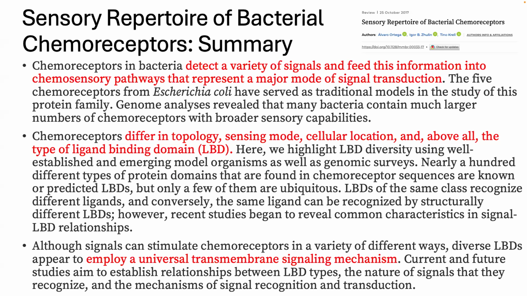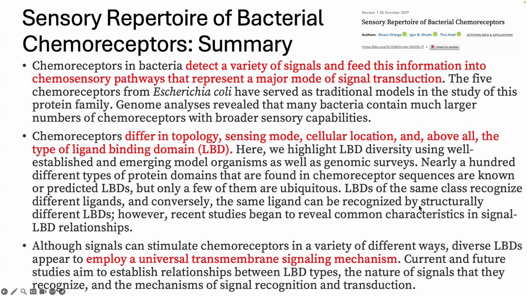Chemoreceptors differ in topology, sensing mode, cellular location, and above all, the type of ligand binding domain. So all of these factors are there. And although signals can stimulate chemoreceptors in a variety of different ways, diverse ligand binding domains appear to employ universal transmembrane signaling mechanisms.